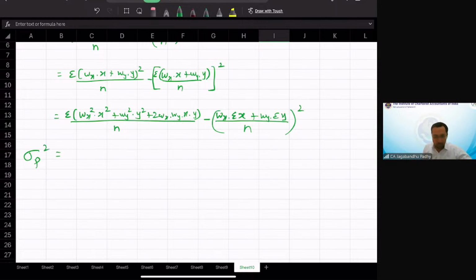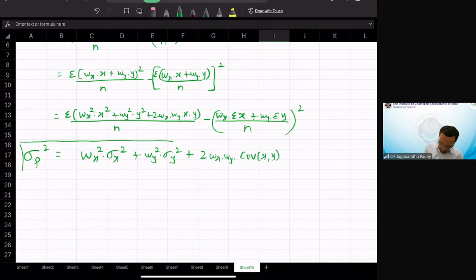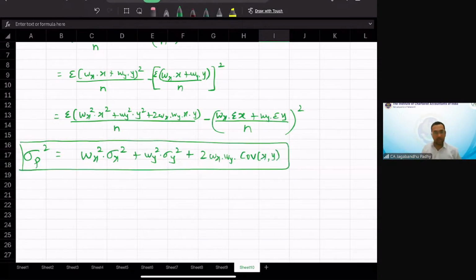Finally, the variance of portfolio will work out to be somewhat like this: weight of x square into standard deviation of x square plus weight of y square into standard deviation of y square plus 2 into weight of x, weight of y into covariance between x and y. This is what will be the final result of this derivation.